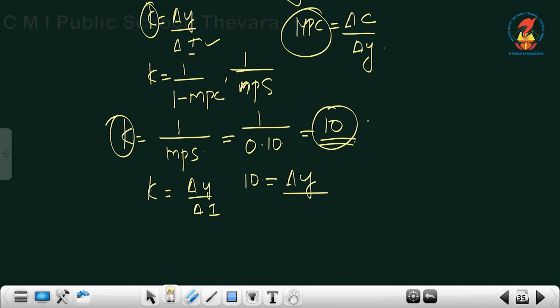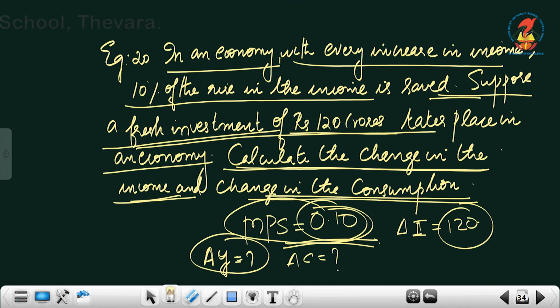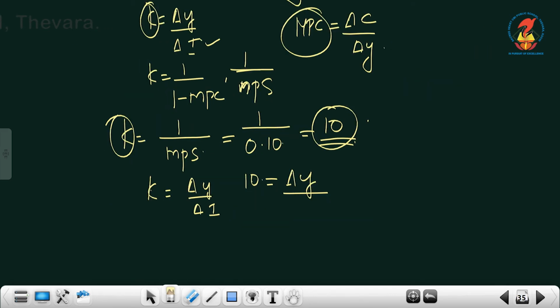Delta Y by delta I is equal to K, and delta I is given as 120. So from this you can find out the value of delta Y. How will you find delta Y? Delta Y is equal to 120 into 100, because when 120 goes to the left side of the equal sign, instead of division it becomes multiplication, right.